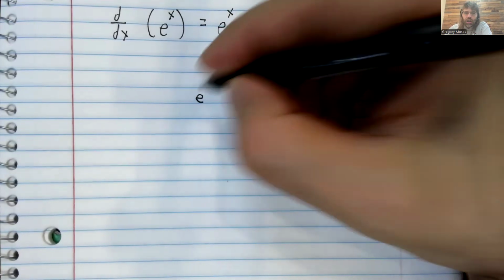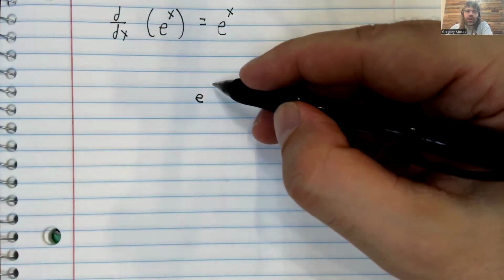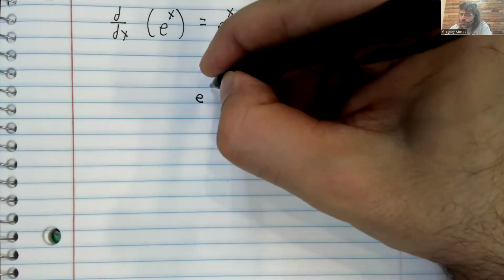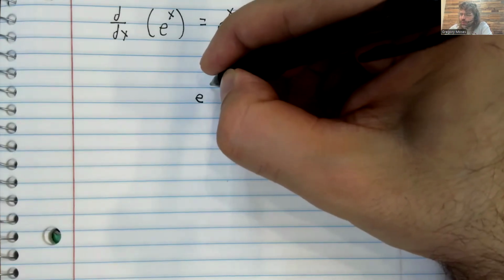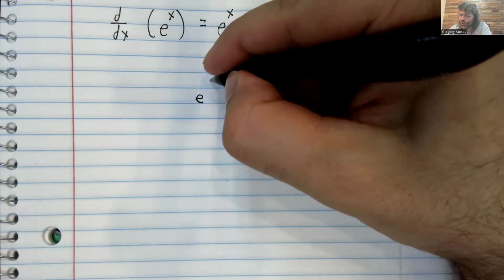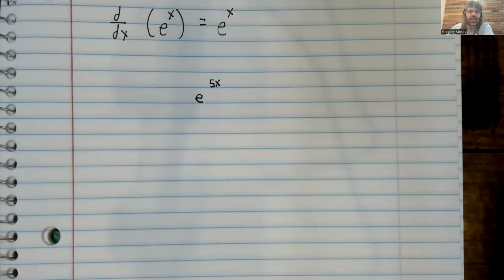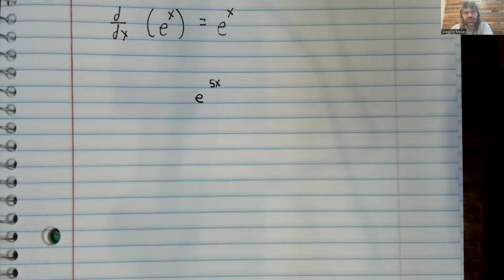It's quite common to have the exponential of a function. It's most common to have the exponential of a very simple linear function like 5x.